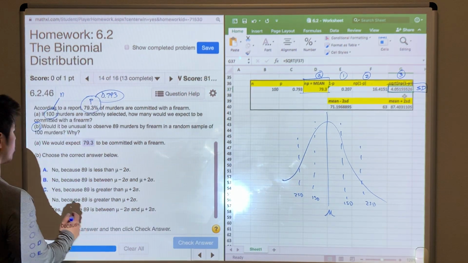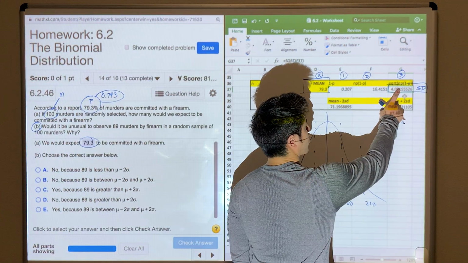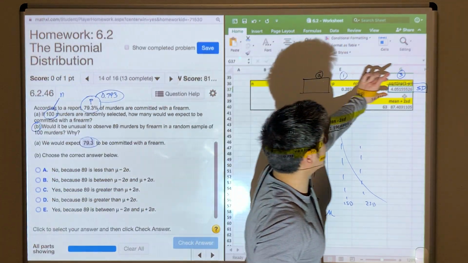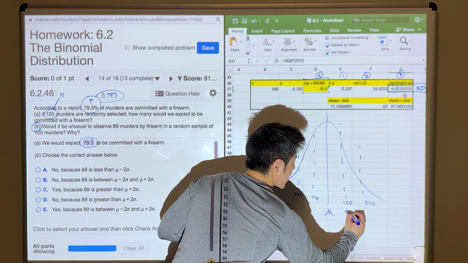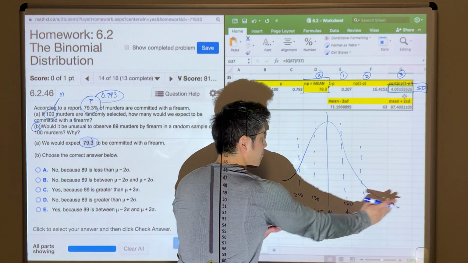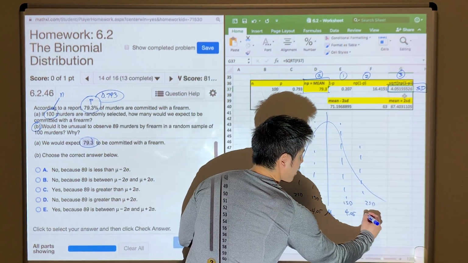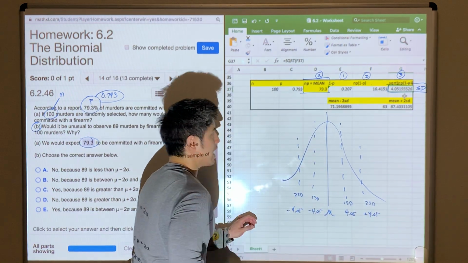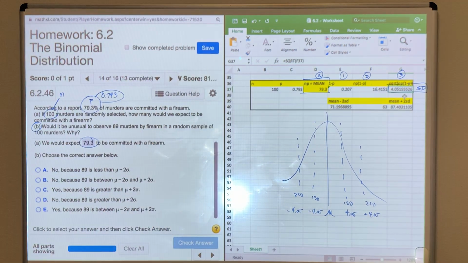Does this value, 79.3, fall within there? Well, you first have to figure out what a standard deviation is. All that we did just now is figure out how much 1 standard deviation is from our mean. So up 4.05, down 4.05, up another 4.05, down another 4.05. And so this bottom part tells me my range.